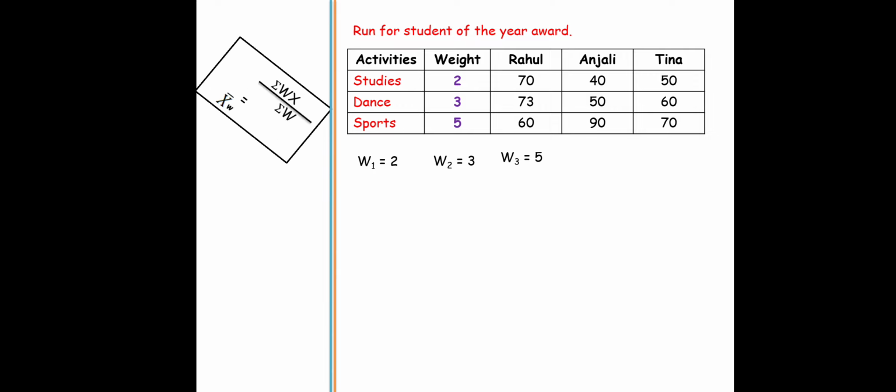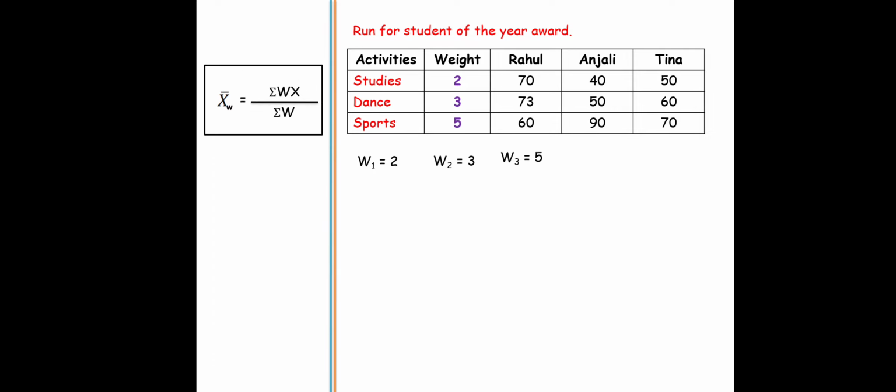Now this formula, as you can see, we can rewrite in this manner: X bar W equals W1 x1 plus W2 x2 plus W3 x3, and so on up to Wn xn, divided by W1 plus W2 plus W3, and so on up to Wn. Here W1, W2 and W3 are the weightages given for studies, dance and sports.